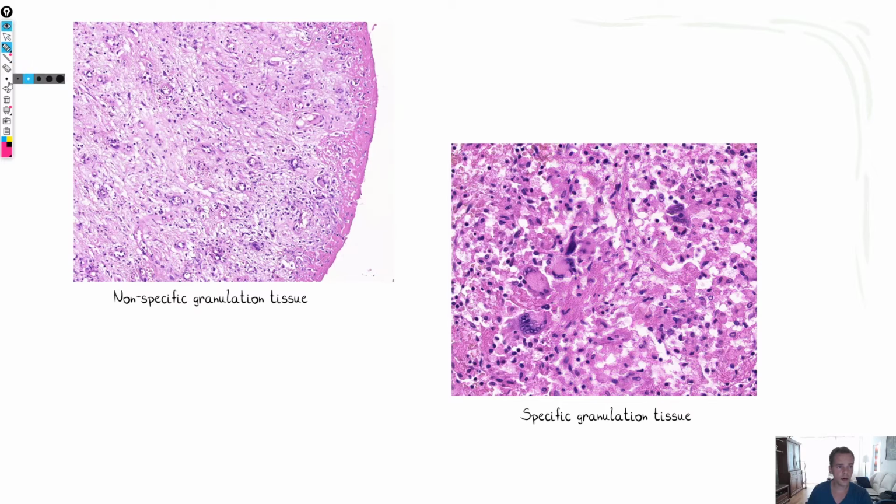You can see it here. As I said, non-specific granulation tissue is just loose connective tissue with edema, some inflammatory cells, and a high number of capillaries. So granulation tissue is a highly vascular and edematous loose connective tissue which will be subsequently replaced by scar. And specific granulation tissue means those granulomas with necrosis, with multinucleated cells and everything else.